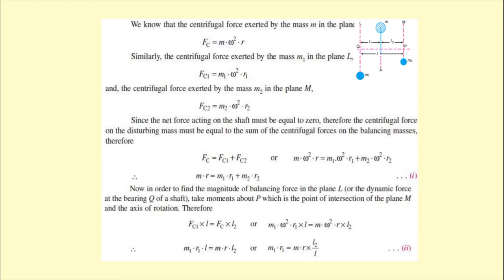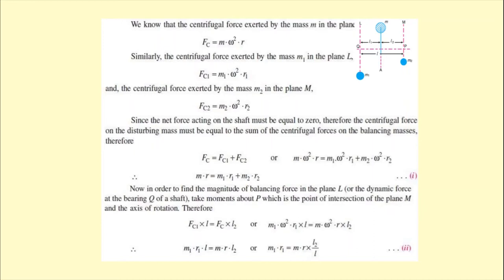Now in order to find the magnitude of the balancing force in the plane L, for dynamic force on the bearing Q on the shaft, taking moment about point P, which is at the point of intersection of the plane M and the axis of rotation, we get Fc1 into L equal to Fc into L2.